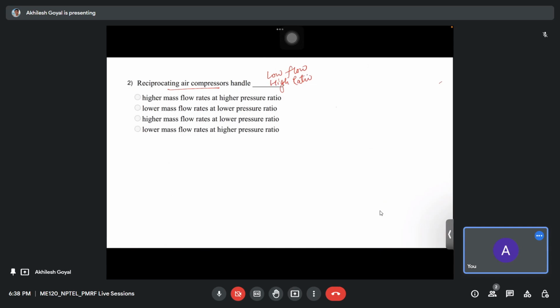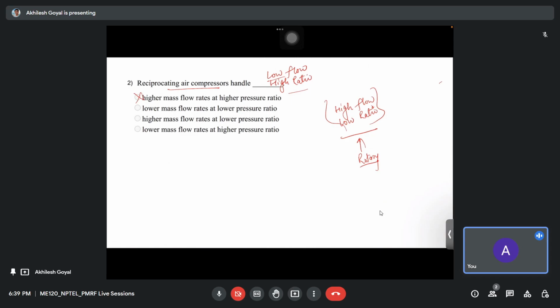Reciprocating air compressors work for low flow and high ratios, and for high flow and low ratios there are rotary devices or dynamic compressors. So the reciprocating air compressor handles low flow and high ratio. High mass flow and high ratio, this is wrong.